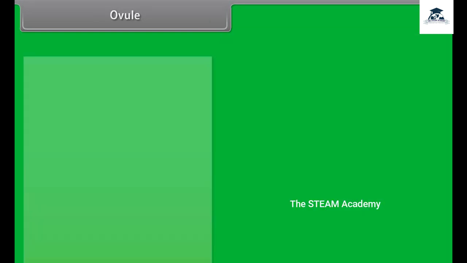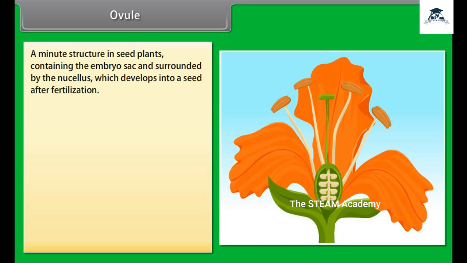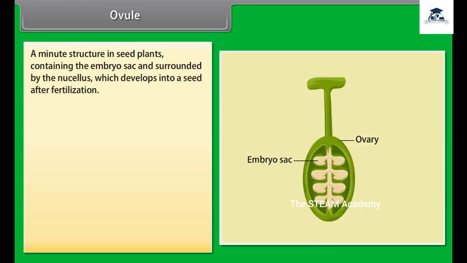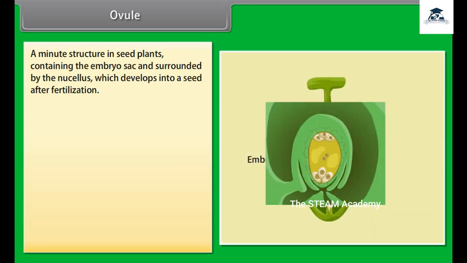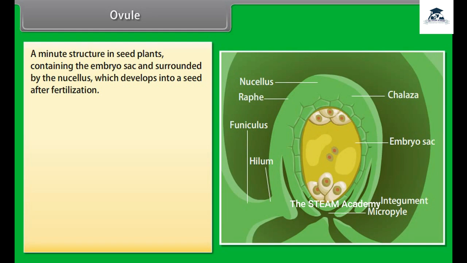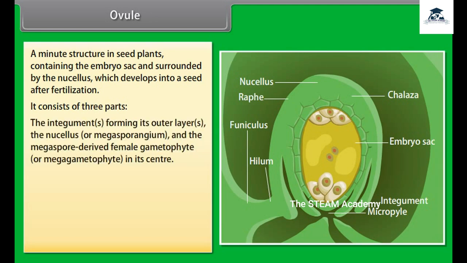Ovule. A minute structure in seed plants containing the embryo sac and surrounded by the nucellus, which develops into a seed after fertilization. It consists of three parts: the integuments forming its outer layers, the nucellus or megasporangium, and megaspore-derived female gametophyte or megagametophyte in its center.